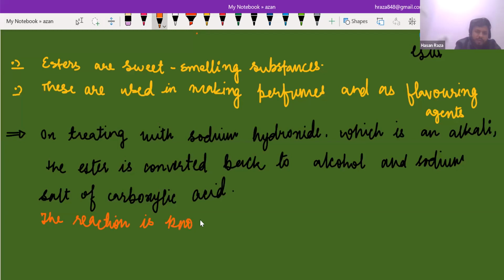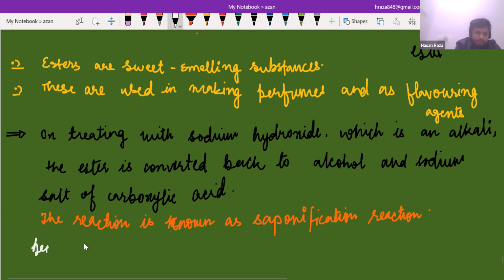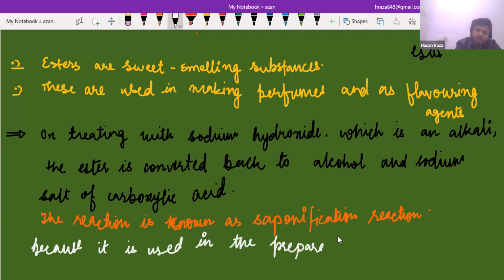First, write with me. The reaction is known as saponification reaction, because it is used in the preparation of soap.